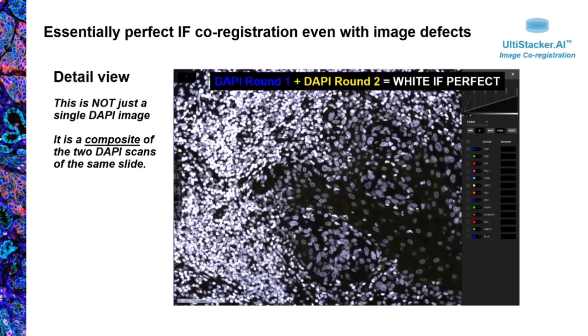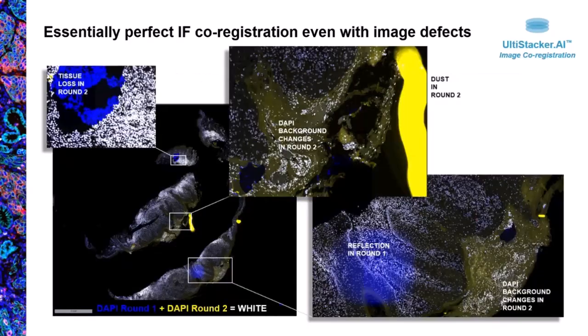And since they overlap, we see white. So it's not one single DAPI, it's actually two DAPIs that we're seeing. So you see the subcellular resolution that we achieve. It not only works on this nice image, it also works when artifacts are present. Real-life data can look very different. So the algorithm is not disturbed by tissue loss or some very bright DAPI artifacts from dust or reflections.